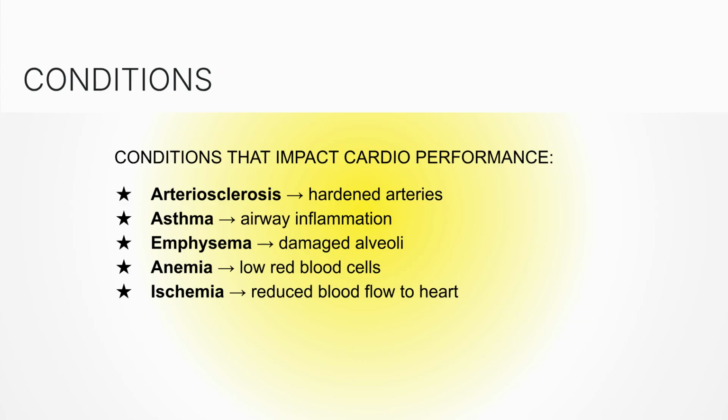When studying for the exam, it's important to understand a few key conditions that impact cardio performance. The first condition is arteriosclerosis. This is the condition of hardening and narrowing of the arteries due to plaque accumulation. This is mostly common in older adults and leads to higher blood pressure.